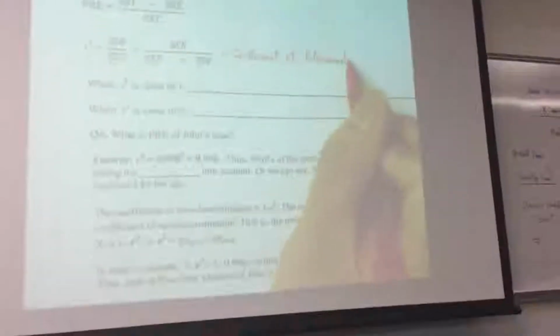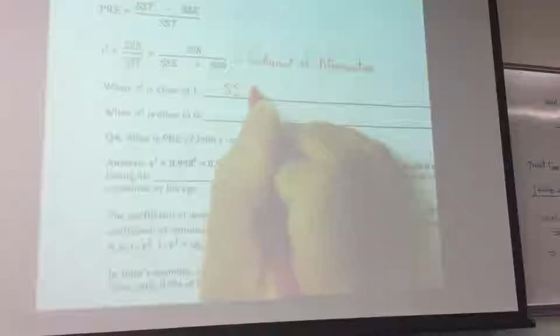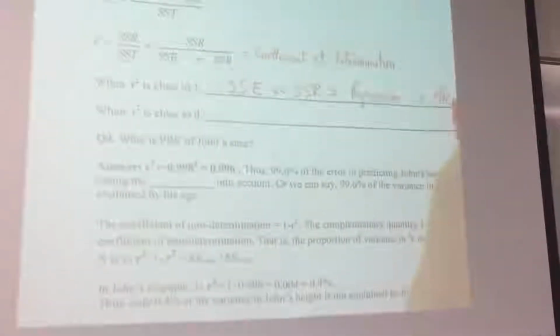Okay? If you write your formula like this, it's called what? Coefficient of determination. Because simply by looking at R squared, you know how effective your regression line is in predicting. Now when R squared is close to 1, what can you say? You say SSE is much, much smaller than SSR. So this means what? Regression is effective in predicting.